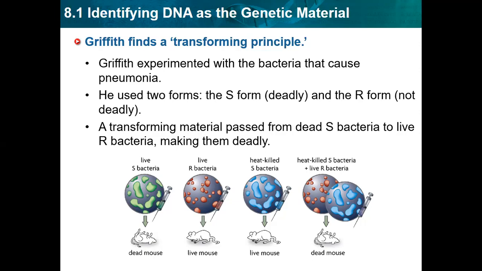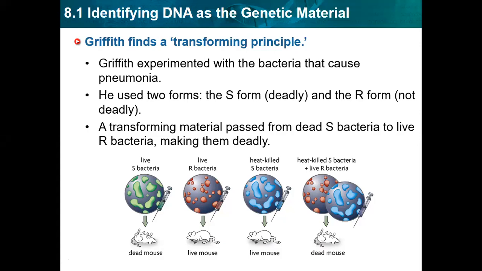He used the S strain, which is known to be the deadly one, and the R strain, which is not deadly. As you all know, pneumonia is an acute respiratory infection caused by streptococcus, and it can also be caused by some viruses.